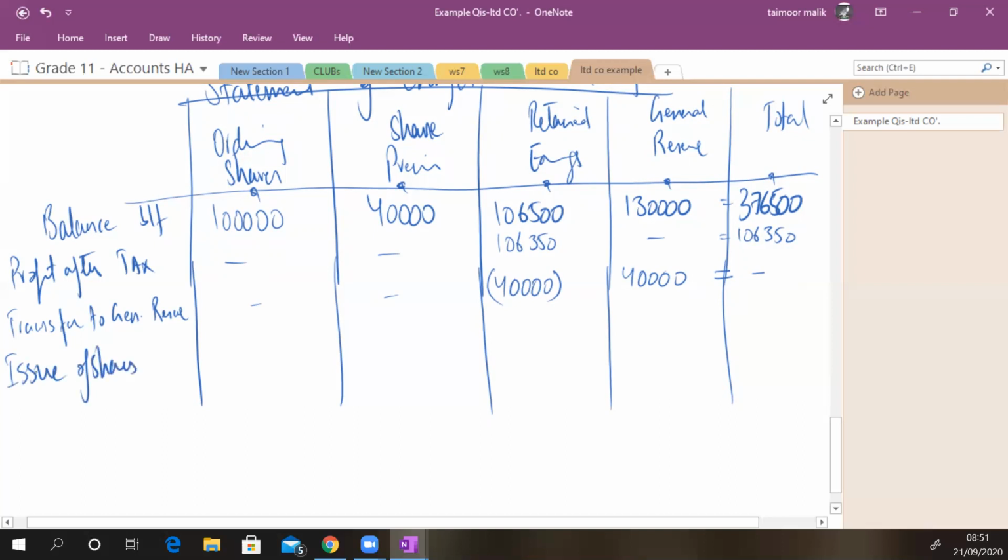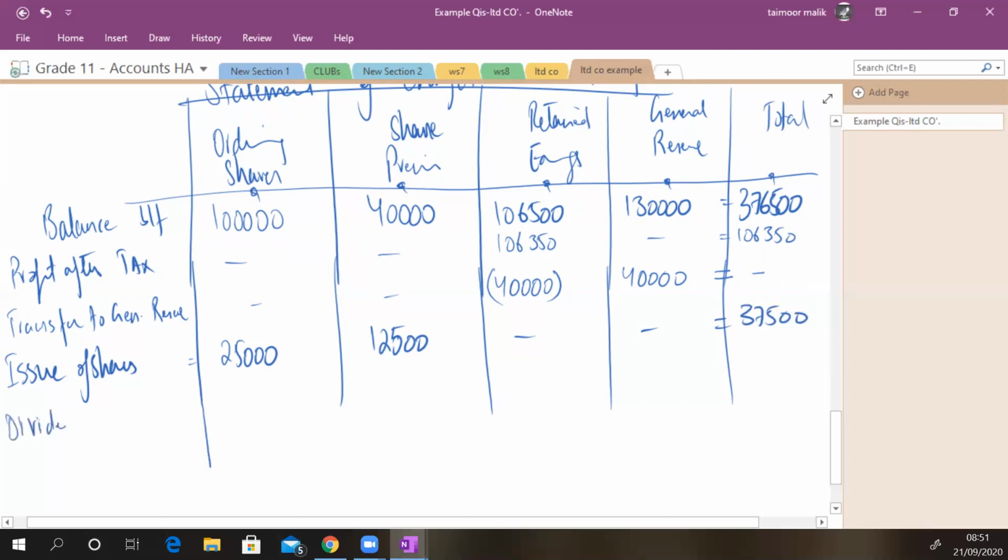इशू ऑफ शेयर्स। जब शेयर्स इशू किए थे तो 25,000 was within ordinary shares and 12,500 was in premium. So total is 37,500.